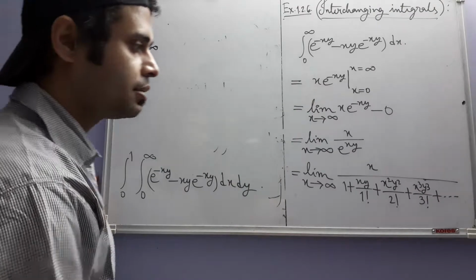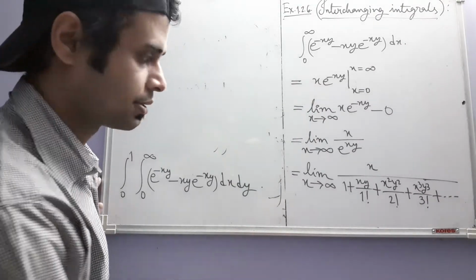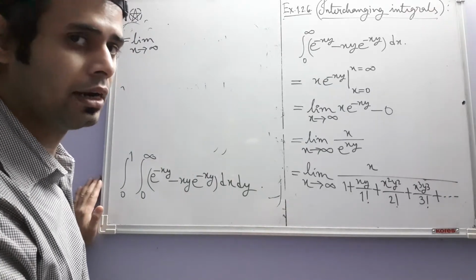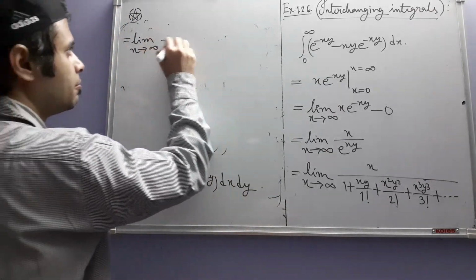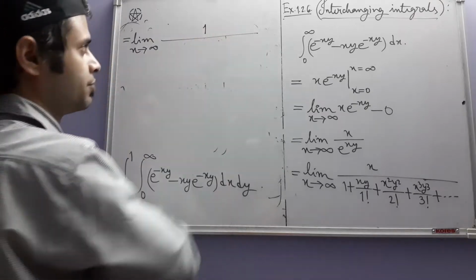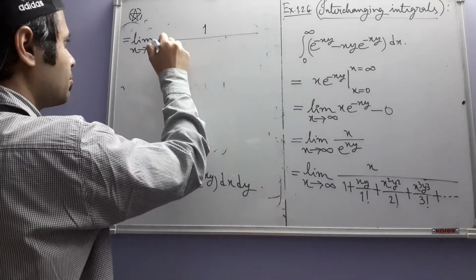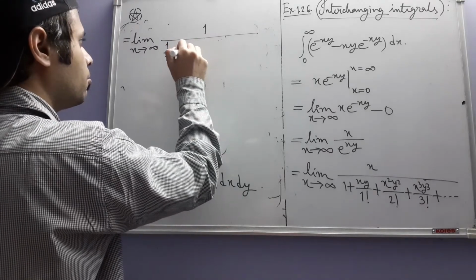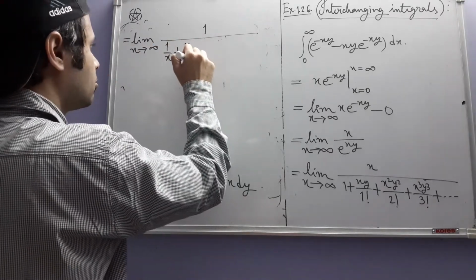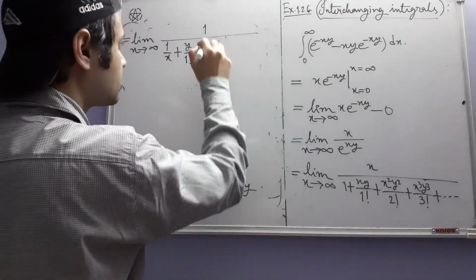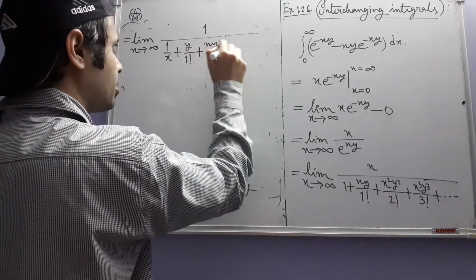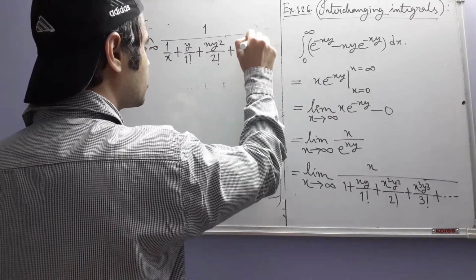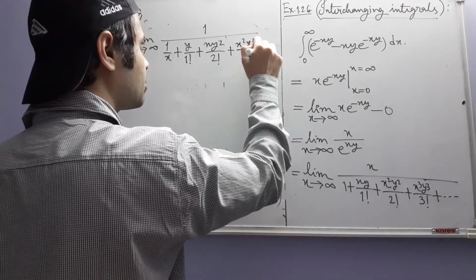Now I can divide both the numerator and denominator by x. Why? Because x is a real number. X is not equal to infinity, but x is very large. 1 by x plus y by 1 factorial plus x y square divided by 2 factorial plus x square y cube divided by 3 factorial, etc.